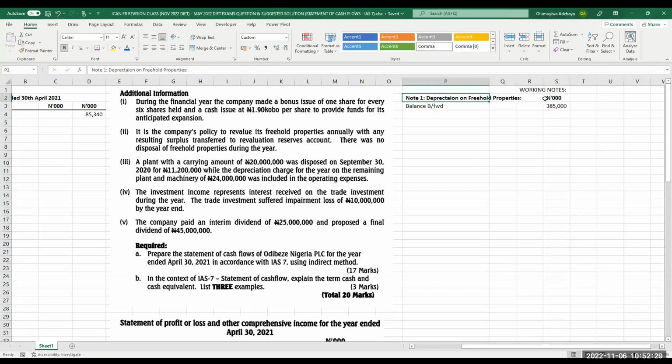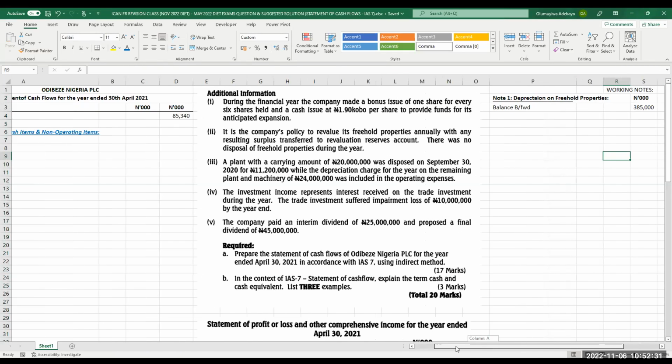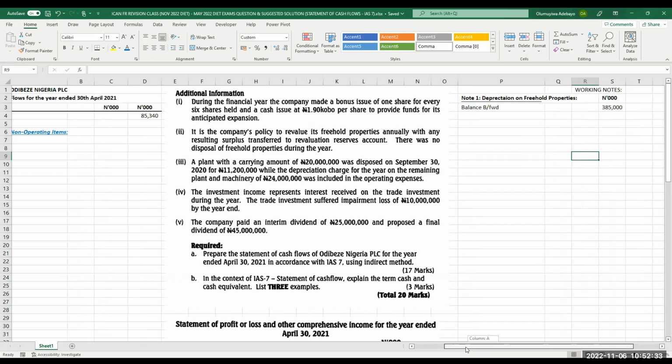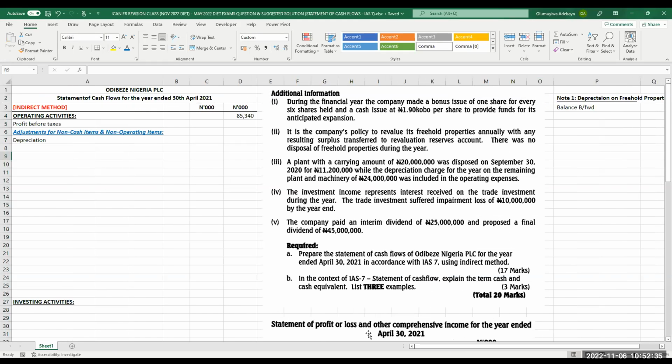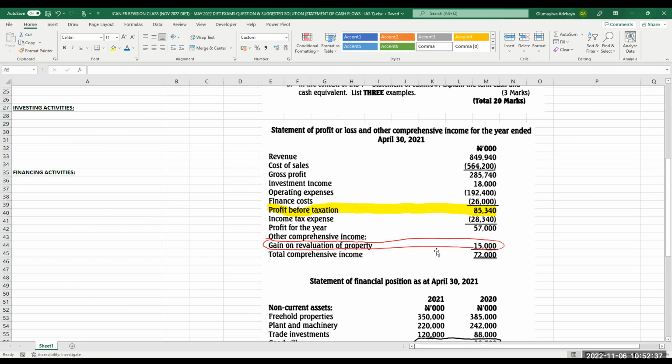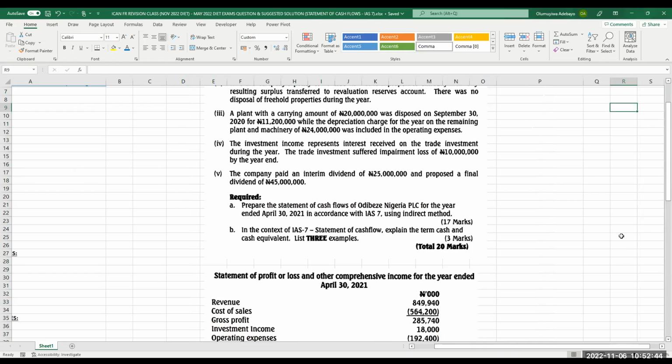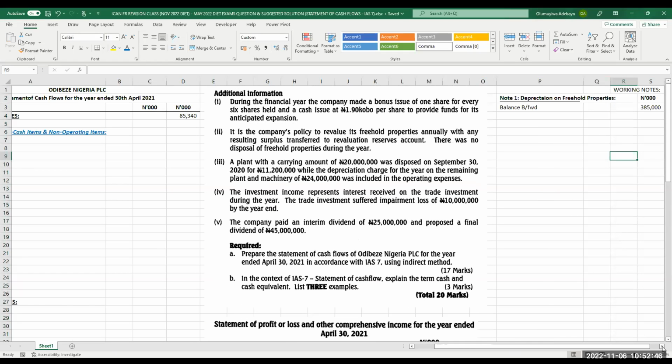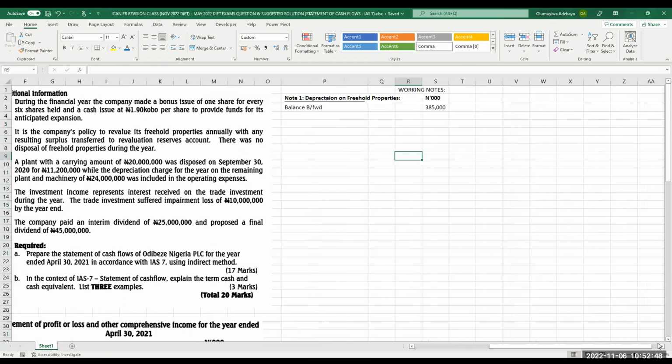Now, during the year, we have a gain on revaluation of property, which is 15,000. What is the effect of that? It means you have revalued it upward.